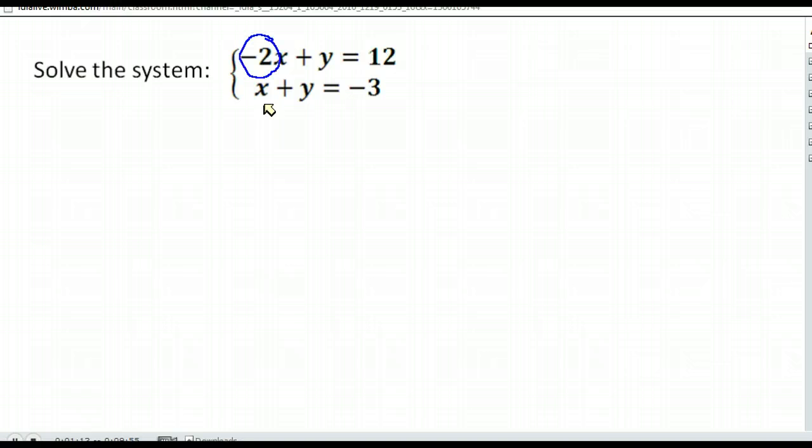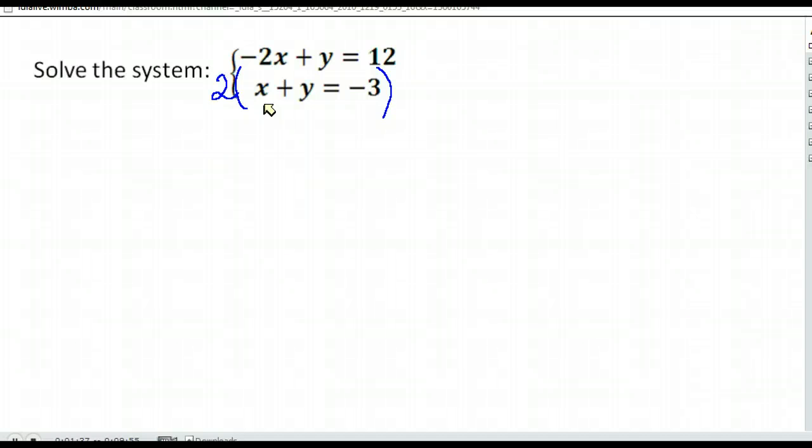Okay, so here I have negative 2x, except you want the opposite sign. So I want somehow to have a 2 here, because if this is 2 and the other is negative 2, when I add them, they will cancel, because I'll have 0 x's left. So what we do is we multiply this entire equation by positive 2.